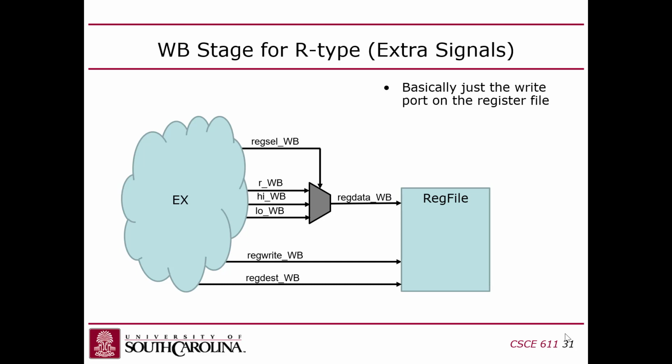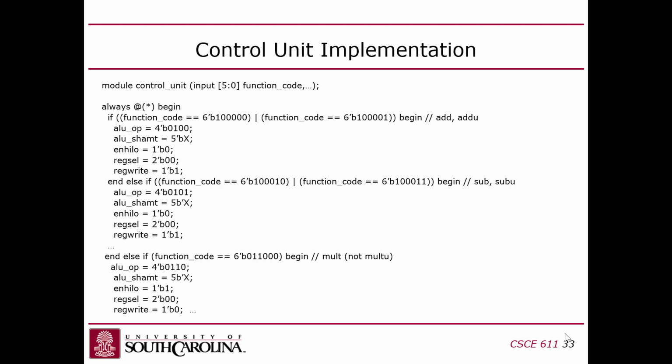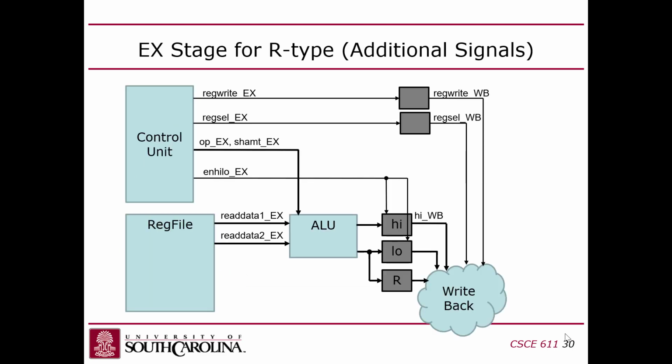Okay. All right, so the one thing that I think might be a bit confusing here is we have these delays that are designed to separate the execute stage from the write back stage. The reg write is delayed. So we have a reg write EX.